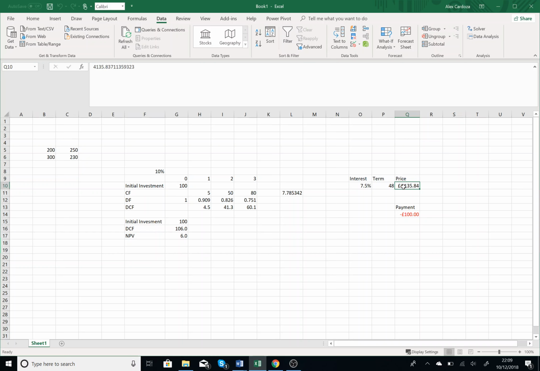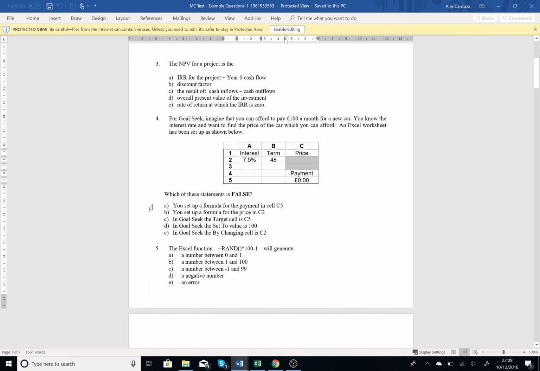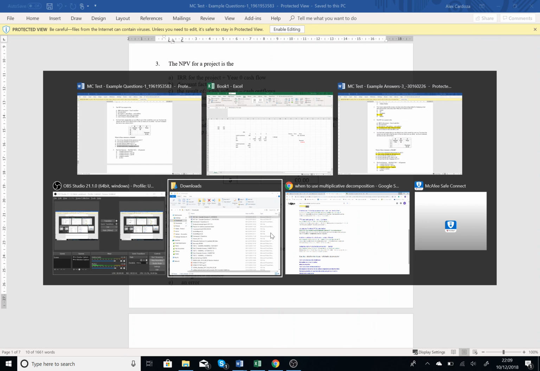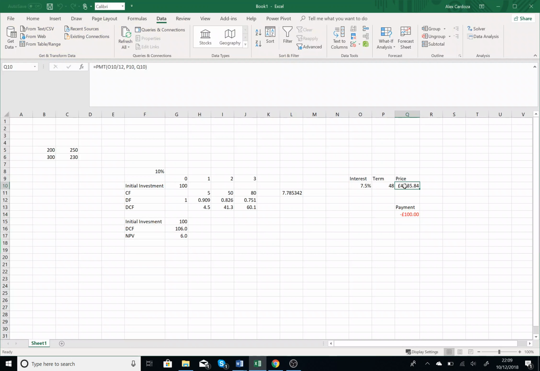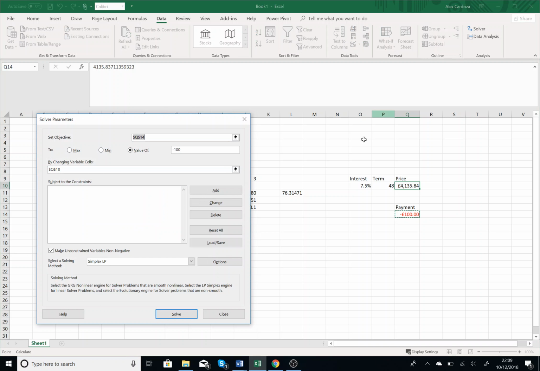See, there's no formula there. The formula is in the equivalent, which is C5, which is why, therefore, this is false. This is true because we do change cell C2, as you saw in goal seek here. The Solver, yep. By changing cells, which is the equivalent of C2.